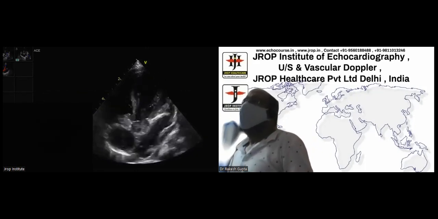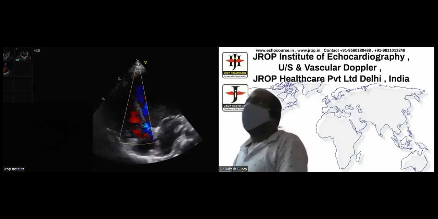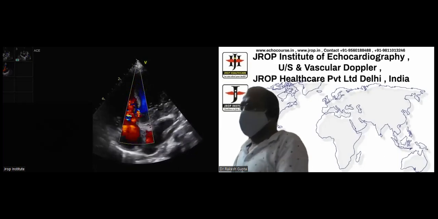Same window, outlet VSD. We should be able to see a VSD out here. Now you can see a VSD. Now look very carefully. The jet of this VSD is in a different direction as compared to the previous subject.